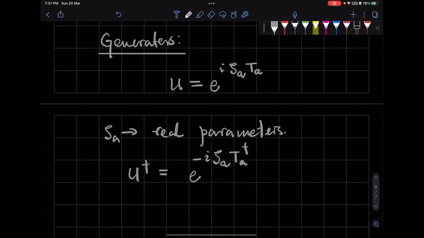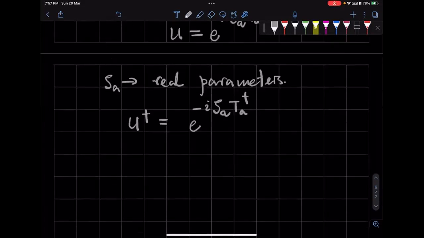This is because in the series expansion, every term, i will flip its sign and T will become Hermitian conjugated.